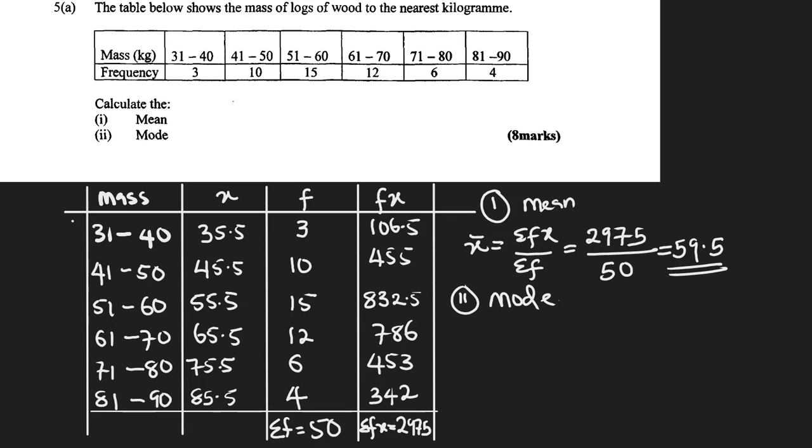So the modal class, of course, is going to be this. Very important to know that. Why? Because the frequency is the highest among the other frequencies, right? So now there's a formula for finding the mode of data. And what is that formula?